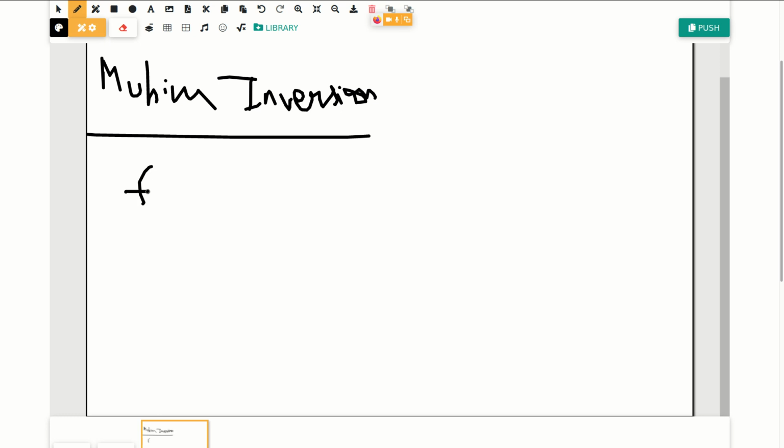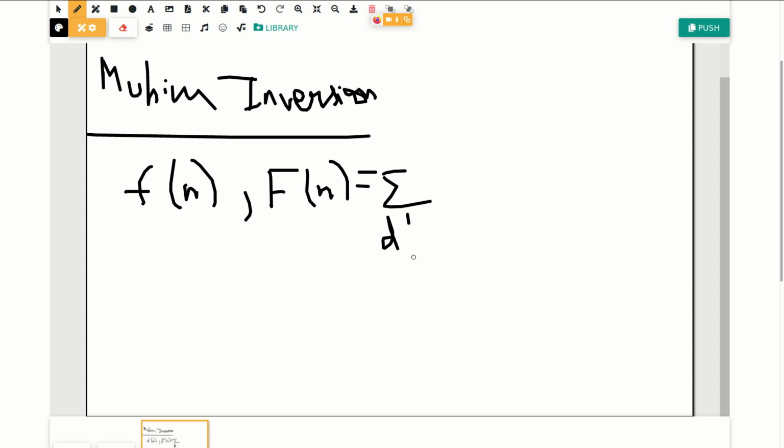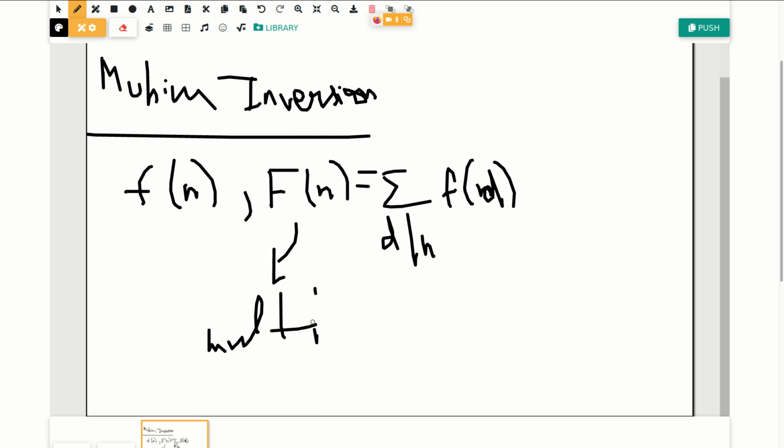We have a multiplicative function f(n), and before we study Mobius inversion, let's define another function, capital F(n), equal to the sum over the numbers d that divide n of f(d). As it turns out, this function is multiplicative as well. If small f is multiplicative, then capital F is multiplicative as well.